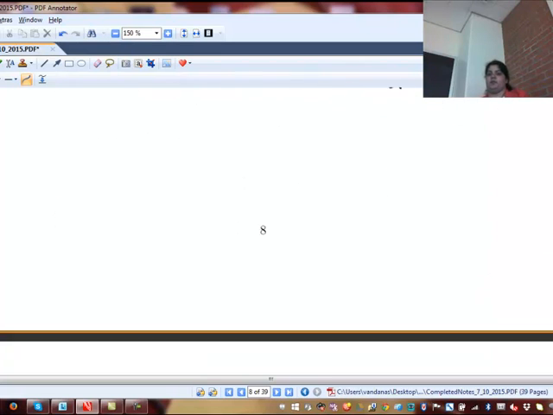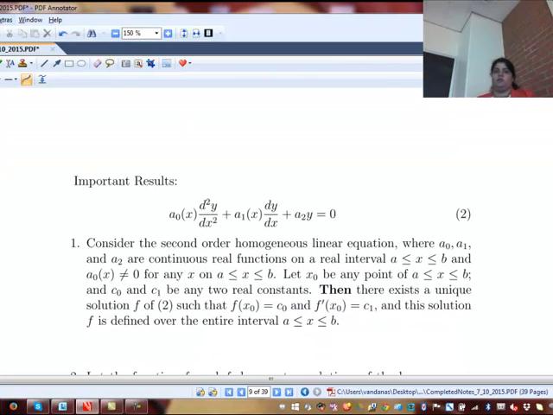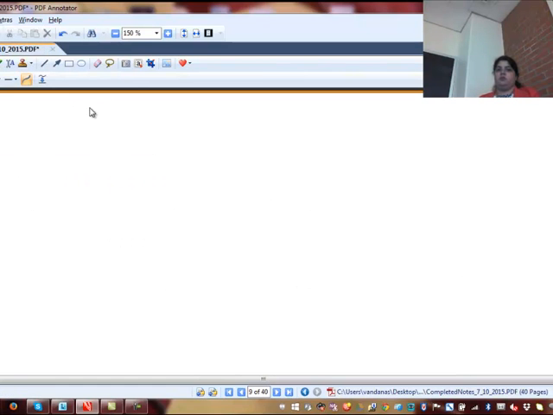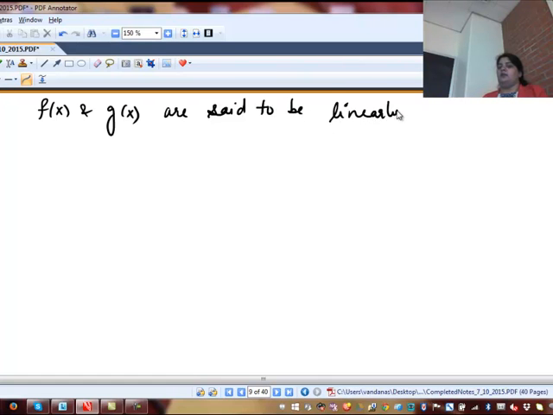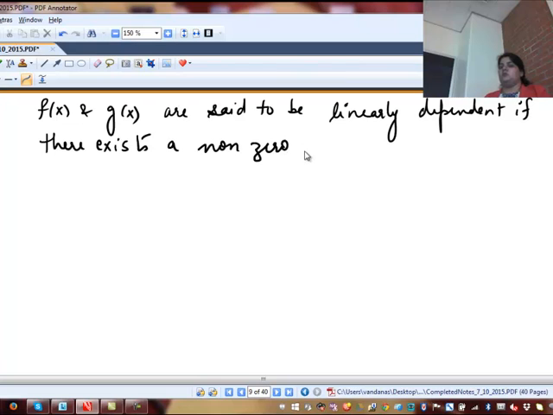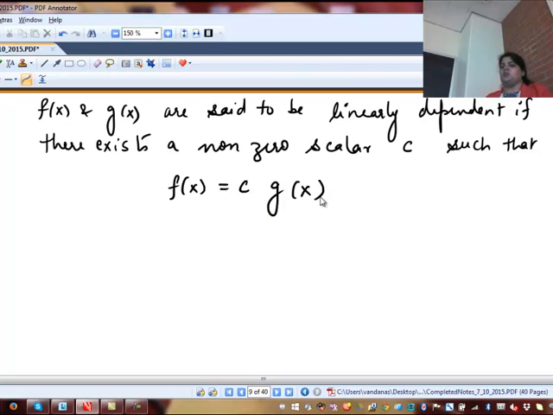So we have to formulate it mathematically. Okay, so f(x) and g(x) are said to be linearly dependent if there exists a non-zero scalar c such that f(x) is equal to a constant times g(x). So functions f and g will be said to be linearly dependent if you can find a constant c such that f(x) is a scalar multiple of that function.